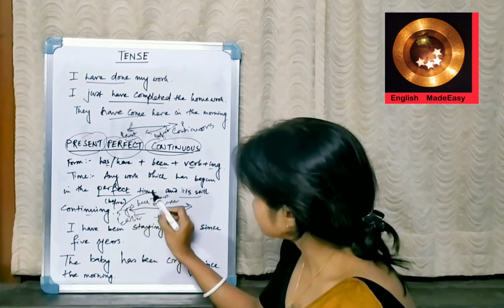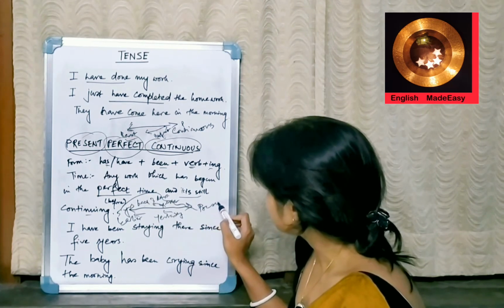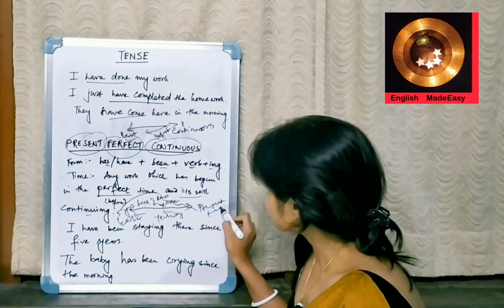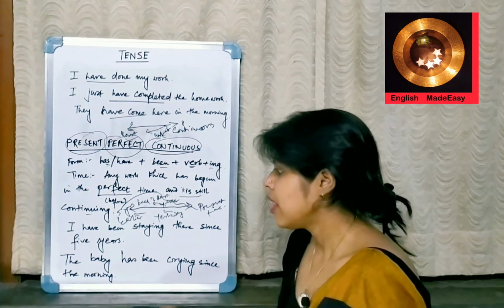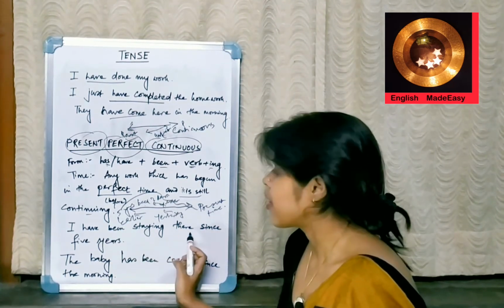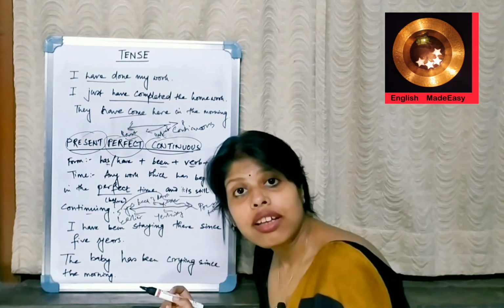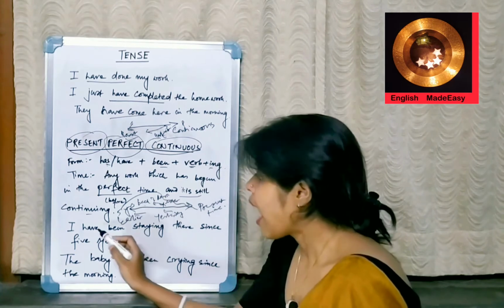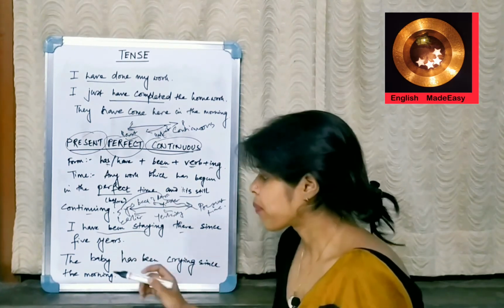But whatever it is, it has to still continue to the present time. It has to still continue till now. For an example, I have been staying there since 5 years. I am still staying now. That's why I can tell I have been staying there since 5 years.